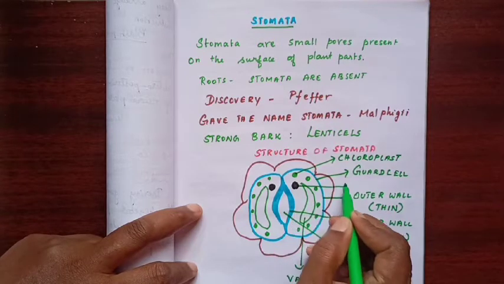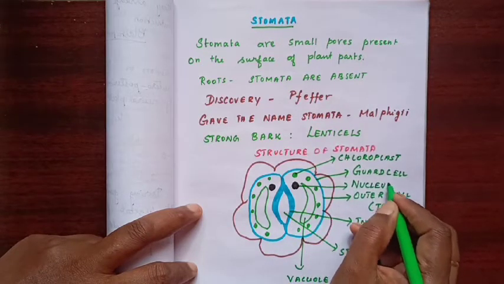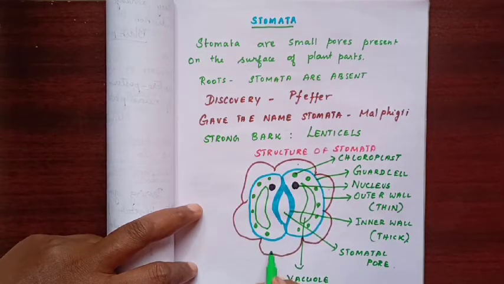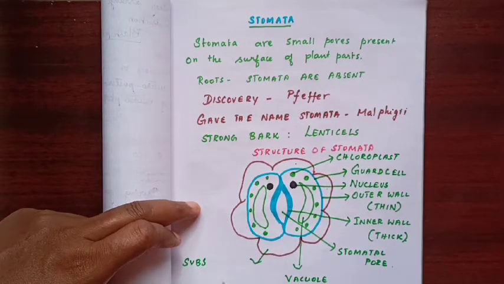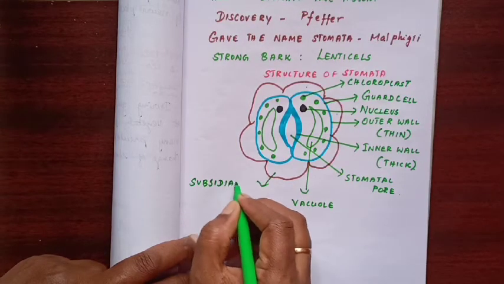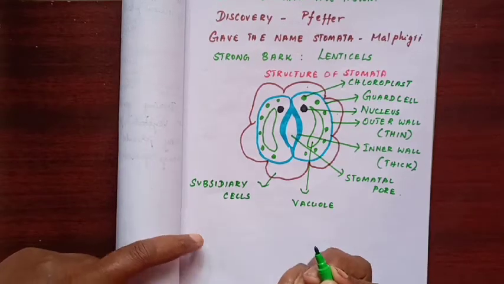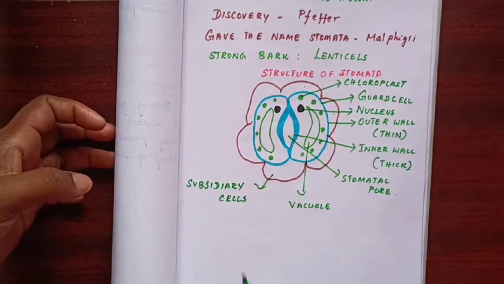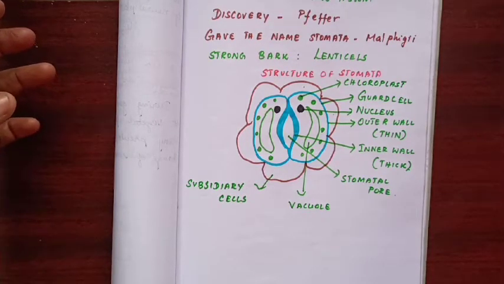This black structure is nucleus. The cells surrounding the guard cell is called as subsidiary cells. So there are stomata without subsidiary cells also. So in the coming slides, I will be telling you about those stomata.